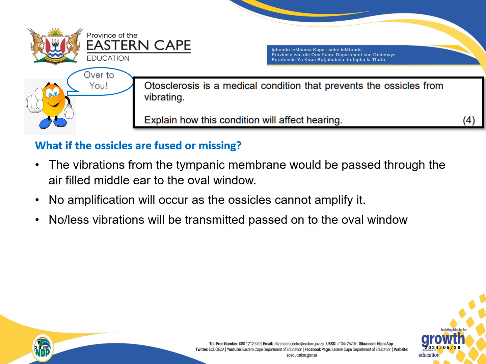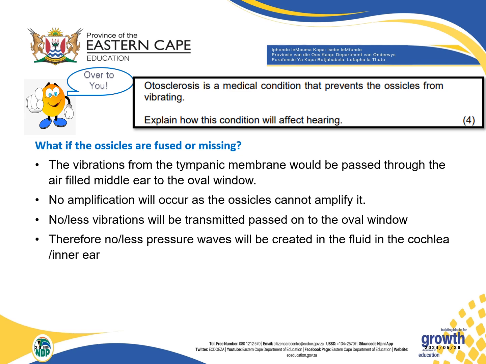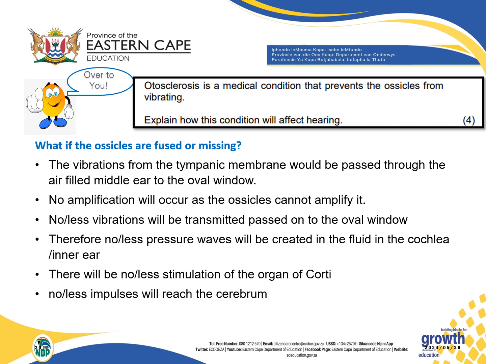No or less vibrations will be transmitted to the oval window, and no or less pressure waves will be created in the fluid of the cochlea. There will be no or less stimulation of the organ of Corti, and no impulses would reach the cerebrum. This would lead to hearing loss.